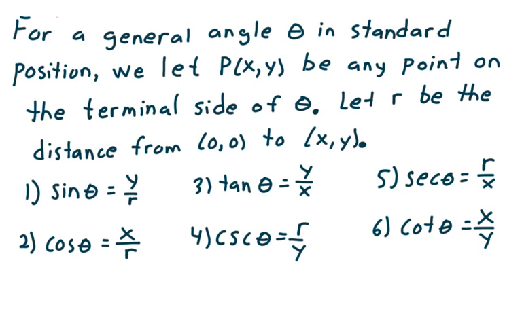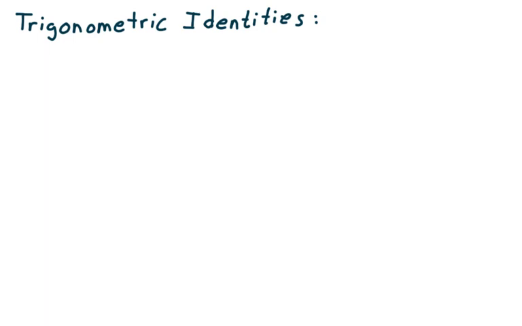With the 6 definitions that I've presented to you, we can derive a lot of trigonometric identities, and we are going to start now. Let's take a look at r over y. This is the same as 1 divided by y over r.